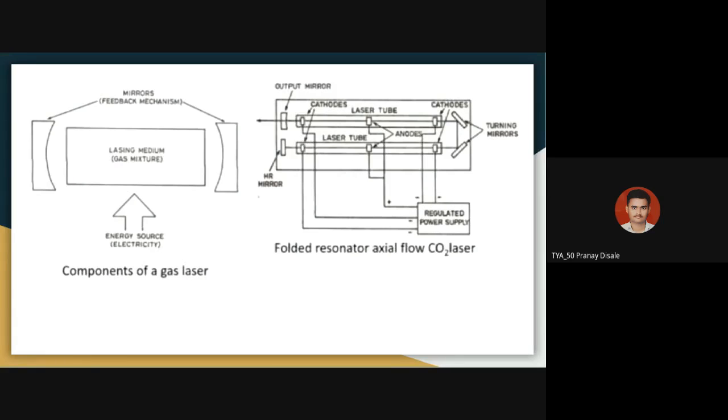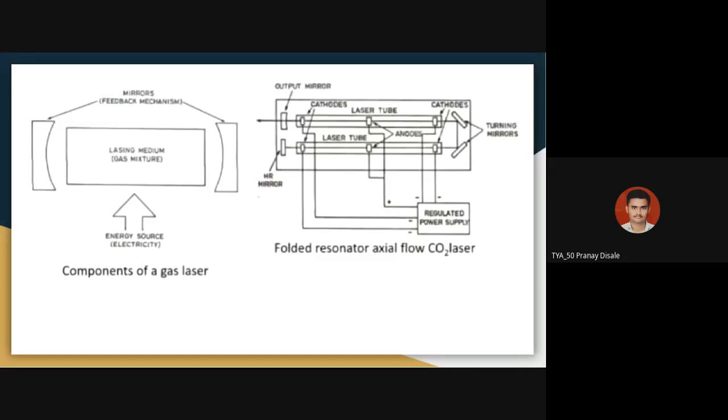For that purpose mirrors, meaning the feedback mechanisms, are used. So it can react with more photons, and it will generate emission.